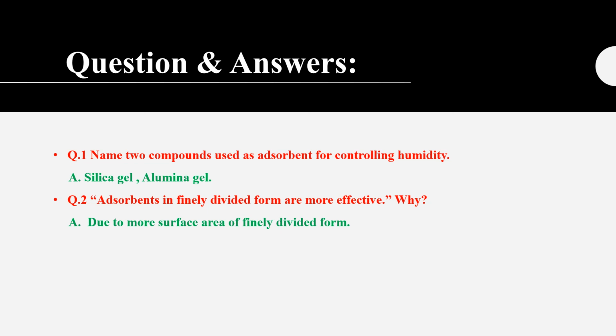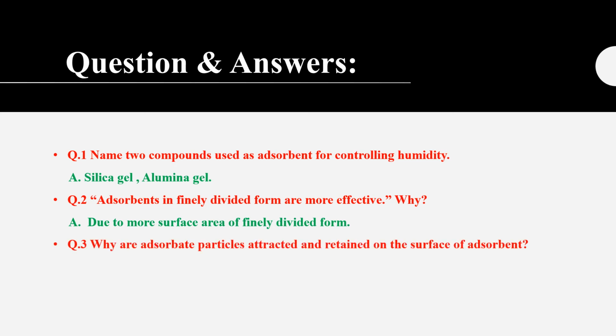As the solid is in its finely divided, powdered form, the surface area of that solid is high, and as the surface area is high, the tendency to adsorb on the surface also increases. So due to this, the adsorbents in finely divided or powdered form are more effective due to higher surface area.